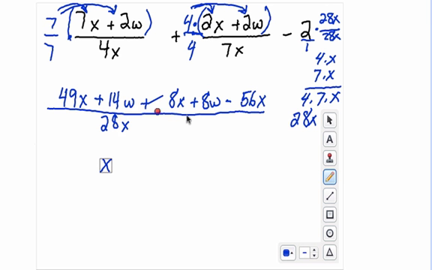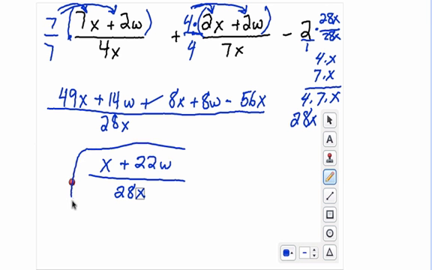And then I have 14w plus 8w, which will give me a total of 22w, all over 28x. And I see here that I can't factor anything up here in the numerator. There's only one term in the denominator, so that is our final answer.